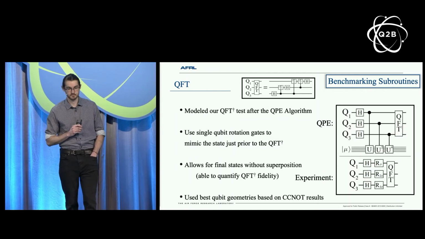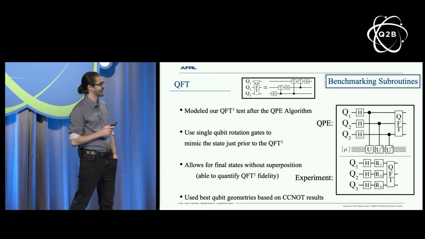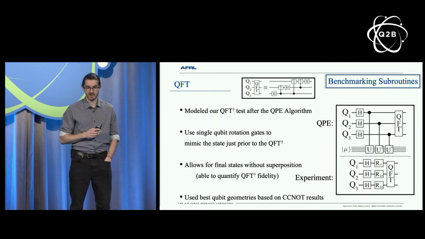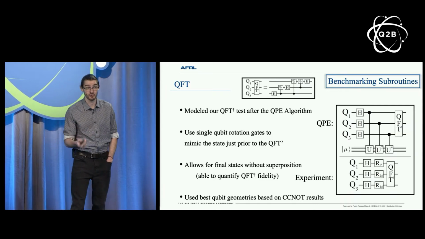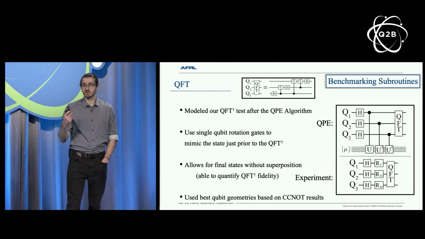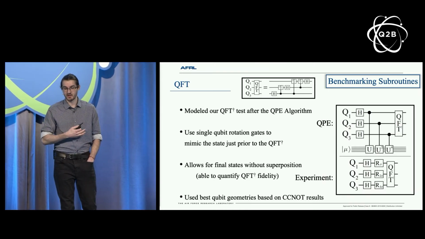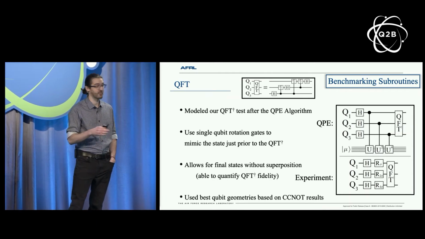And so what you're seeing here on the right-hand side is the standard QPE on top, and then our experiment on the bottom. Now, there's a lot of challenges when it comes to implementing an actual phase estimation. Number one is, what does it mean to do an arbitrary control U? That is an unanswered question. What does it mean to just put in an eigenstate of any choosing?